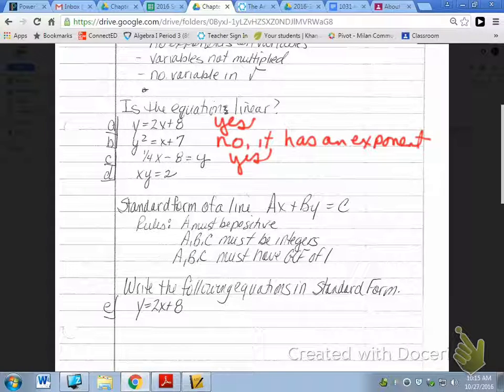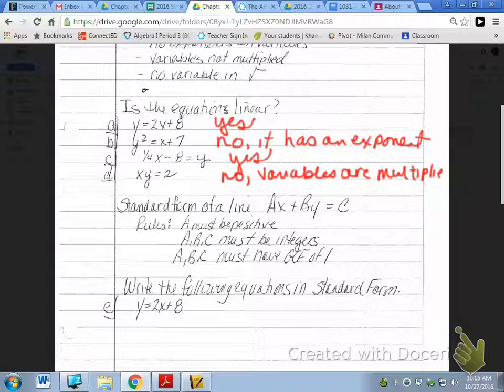D, xy equals 2. What do you think, Tora? Because? Yep. No, because the variables are multiplied. Okay, so you're probably going to have to be able to identify yes or no on those and maybe tell why they aren't if they're not.